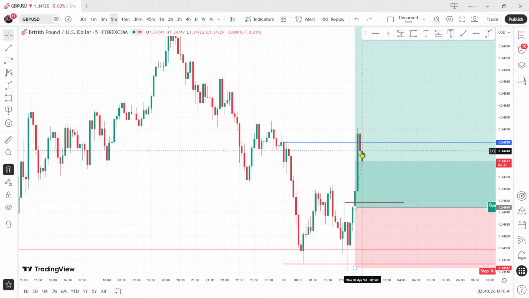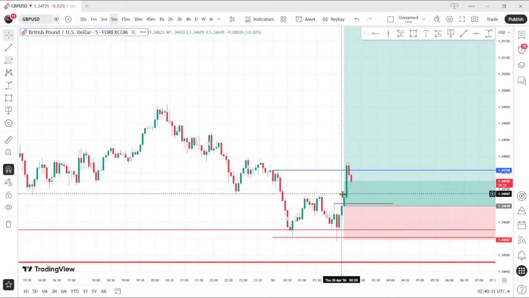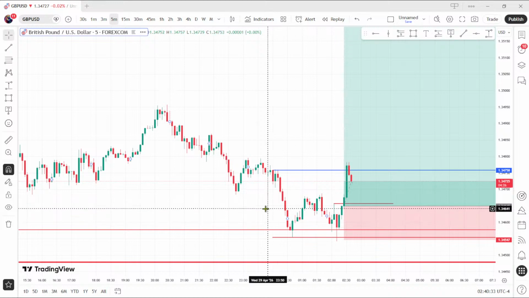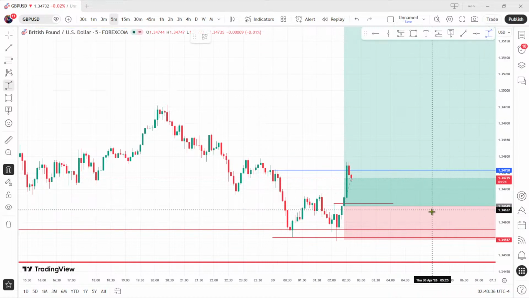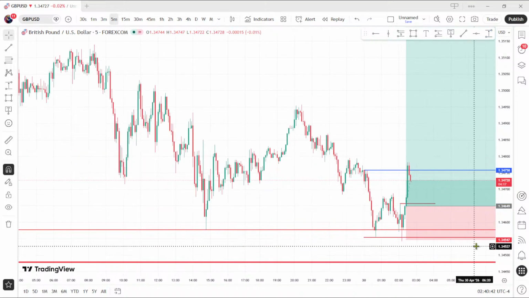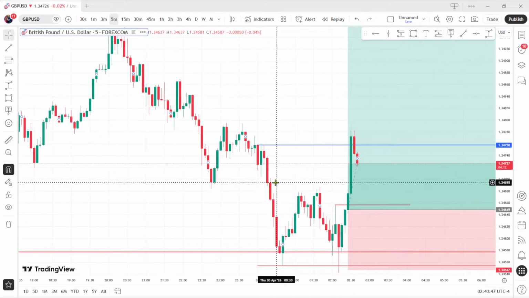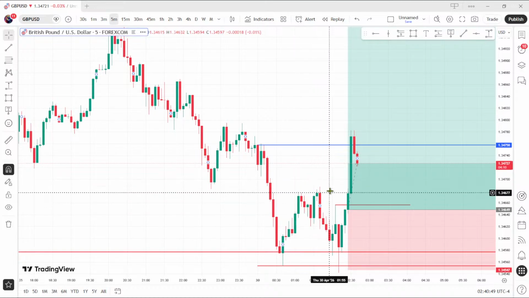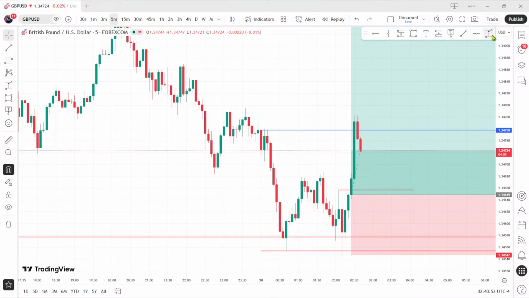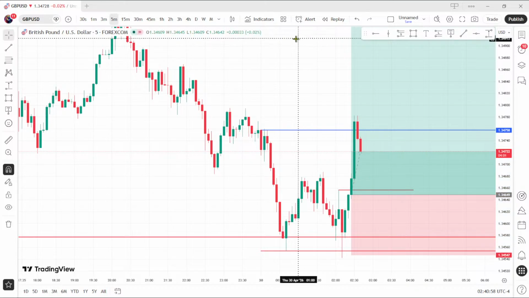Currently price is inside a 5-minute fair value gap below the midnight opening price after market structure shift. Whoa, those are a lot of pips. That is probably not a good entry, because price has really, see, it should be something like 10 pips.